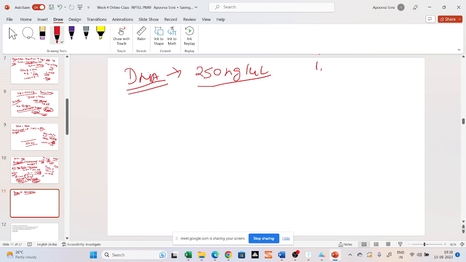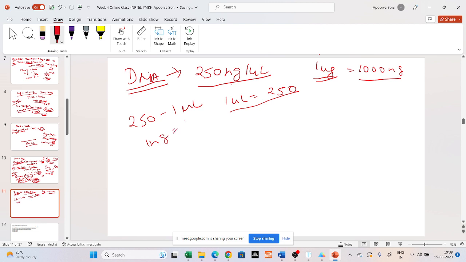Now I want 1 microgram of DNA for my digestion reaction. 1 microgram is equal to 1000 nanograms. So in 1 microliter 250 nanograms of DNA is present. This is the meaning of this particular thing.